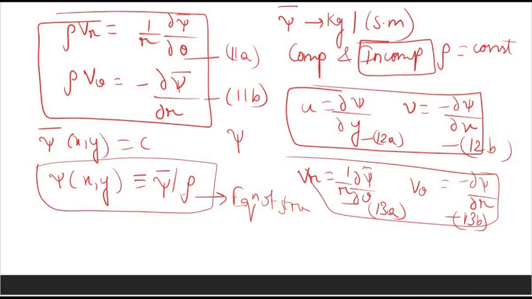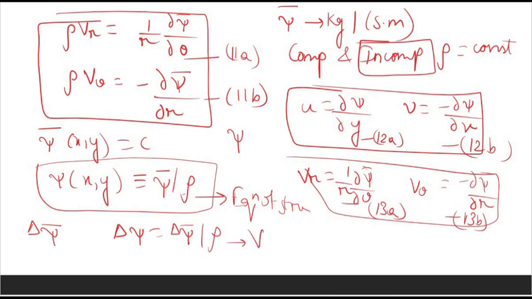Now one term we said over here is that delta psi bar is the mass flow between the two streamlines per unit depth. And what is rho? Rho is mass per unit volume. So physically, if I write delta psi for incompressible flow, it would be delta psi bar by rho, right? What would this represent?